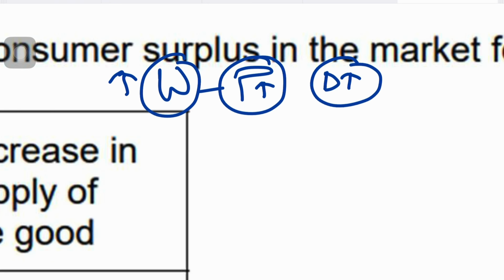When your demand goes up, basically, demand is your willingness to pay. So your willingness to pay curve is shifting outwards, so you're willing to pay more, so your consumer surplus goes up. But some of the consumer surplus is lost as well when demand goes up, because because of a rise in demand, the equilibrium price shoots up, and that causes some consumer surplus to be lost. But the overall effect is that your willingness to pay is increasing by a greater extent, right?